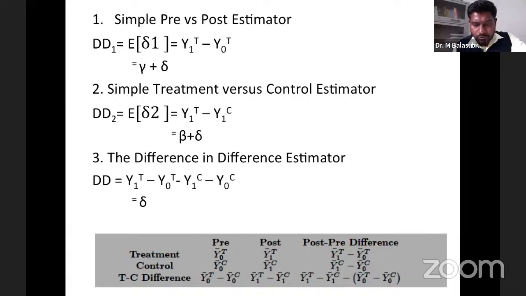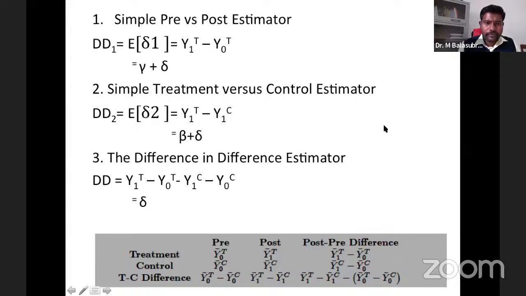If you substitute the earlier notations, you get beta plus delta. Here it may be overestimated or underestimated. Why? Because this beta is your intervention factor, the impact of your program.